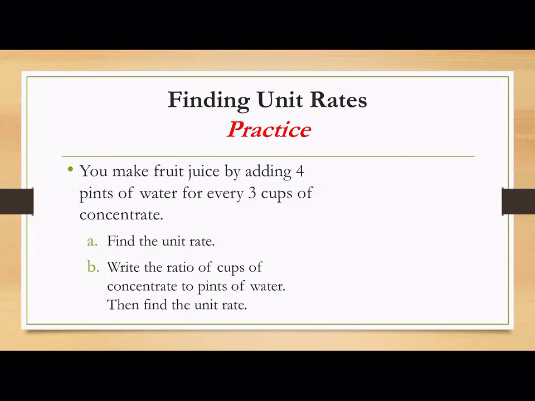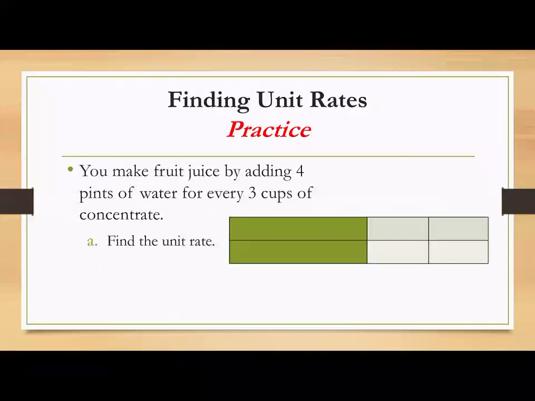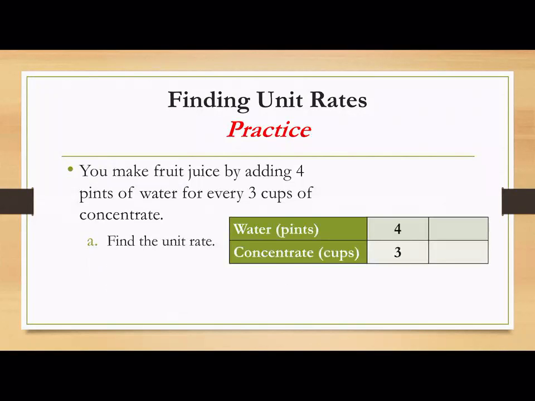You make fruit juice by adding 4 pints of water for every 3 cups of concentrate. So if we're finding the unit rate here, 4 pints of water, 3 cups of concentrate, I want to go to 1 cup of concentrate, so I divide by 3, meaning I'm going to do the same thing up here.